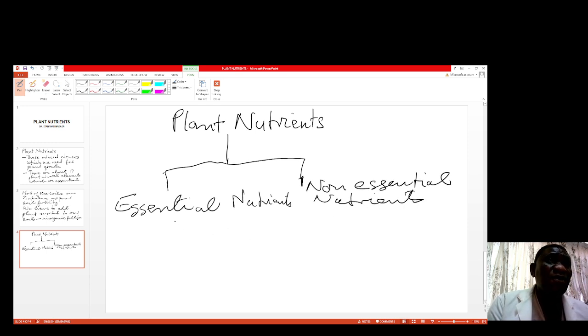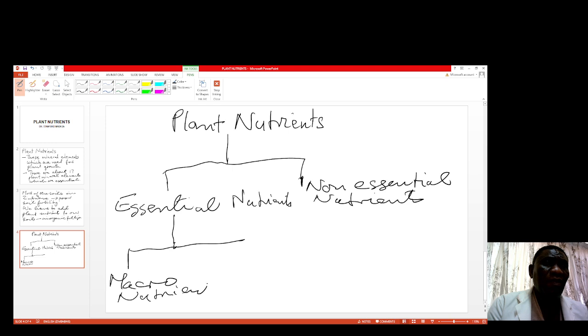We can go on to the essential nutrients and further subdivide them into two groups. Again, we've got the macronutrients, and the micronutrients.